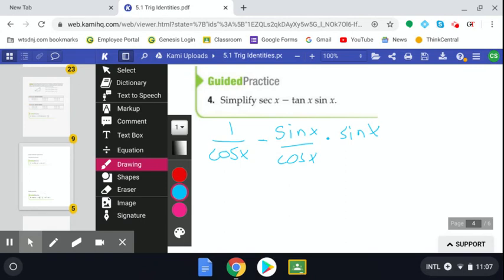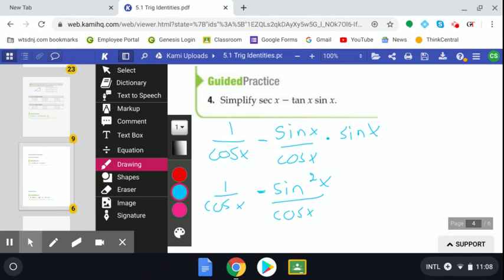And now what I get is 1 over cosine x minus sine squared x over cosine x. And I'm lucky here because the denominators are the same, it's both cosine x. So I can go back to the Pythagorean identities.